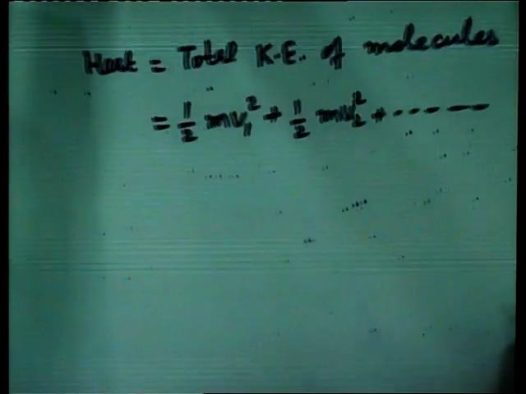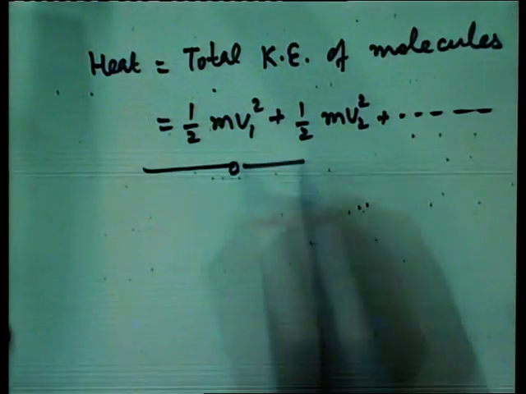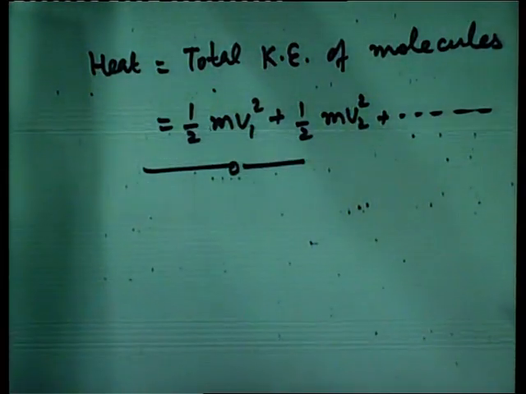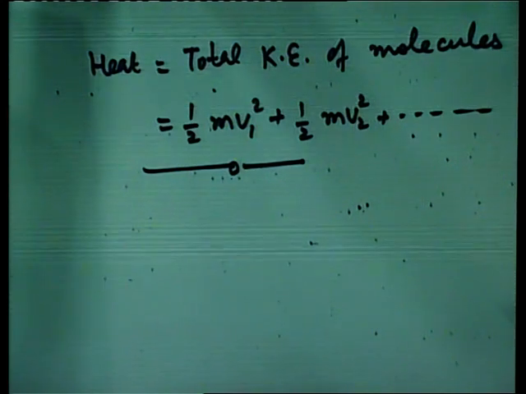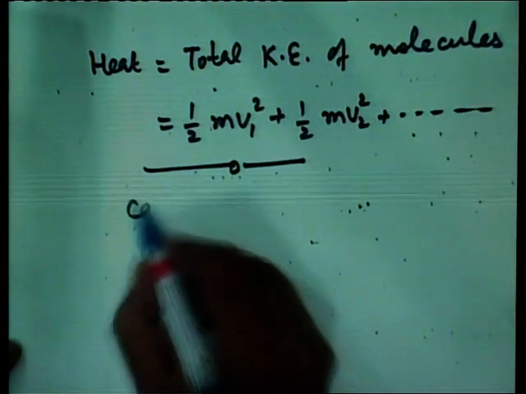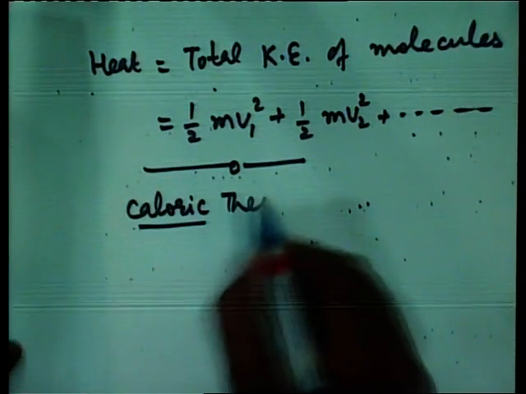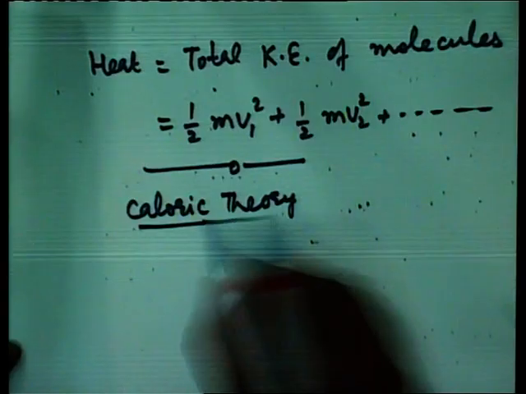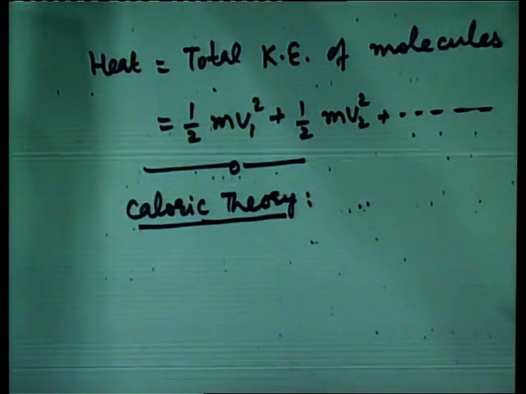It is worth mentioning here that earlier heat was taken as a fluid. There was the caloric theory of heat, which considered it as a fluid that flows. Fluid means anything which flows.